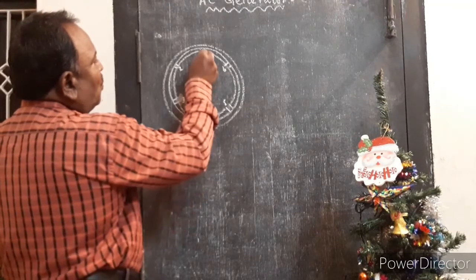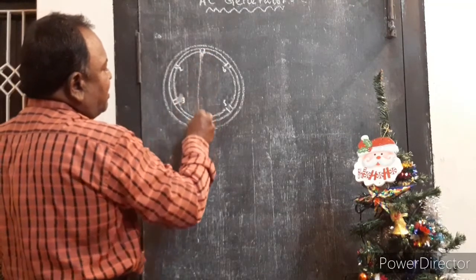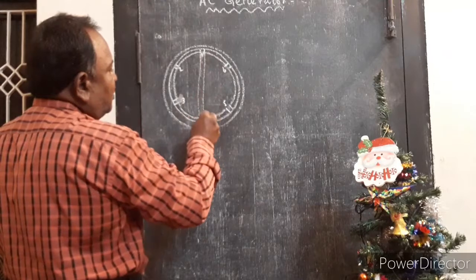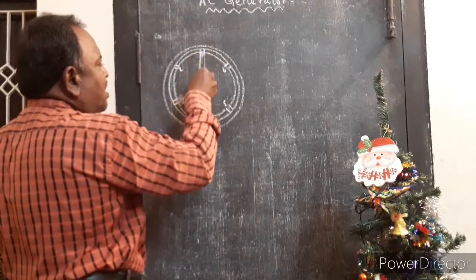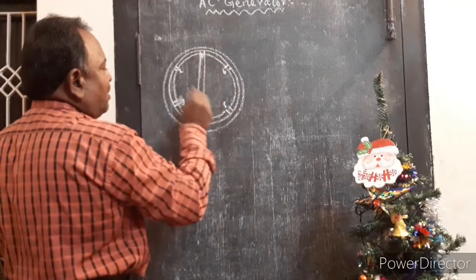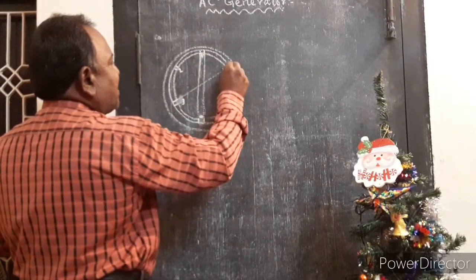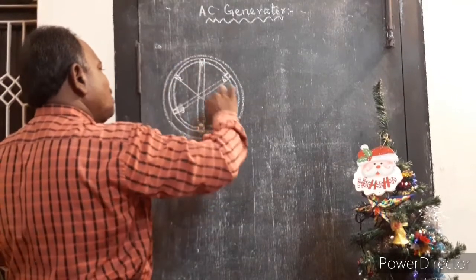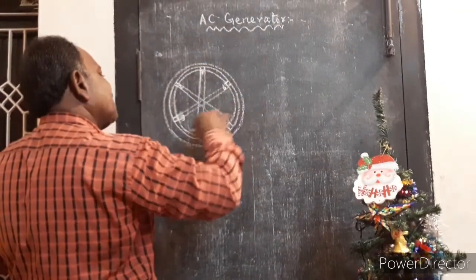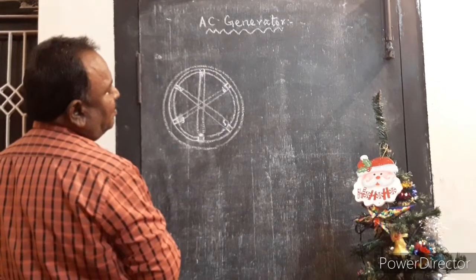This 1 and 4 were connected to form one coil. This 3 and 6 were connected to form another coil. These 2 and 5 were connected to form another coil.